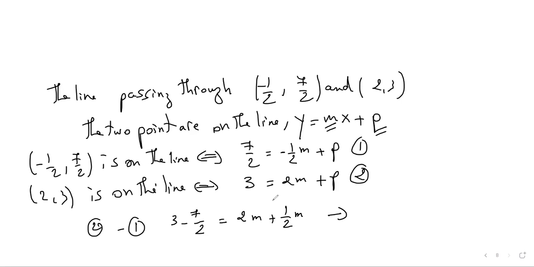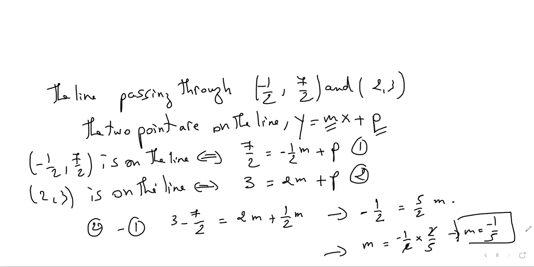So I have 3 minus 3.5, so -1/2 is equal to 2.5m, so 5/2 m. So I can get the value of m. m is equal to -1/5, right? It will be -1/2 times 2/5, the 2s kill each other. So m is equal to -1/5. I got the value of m.